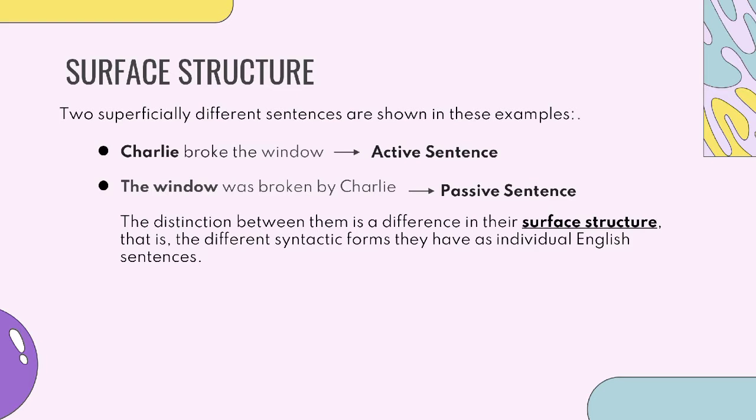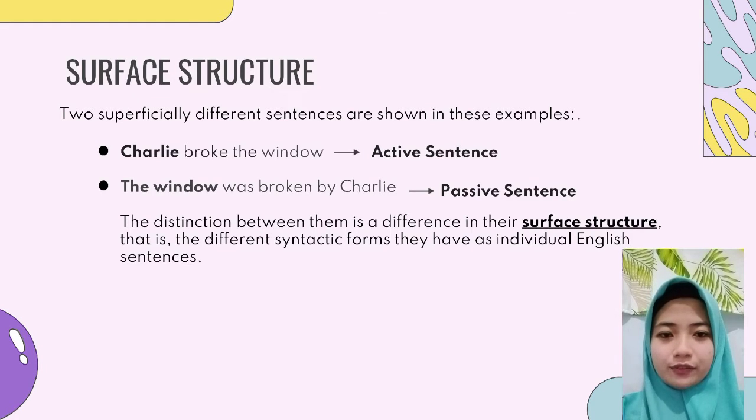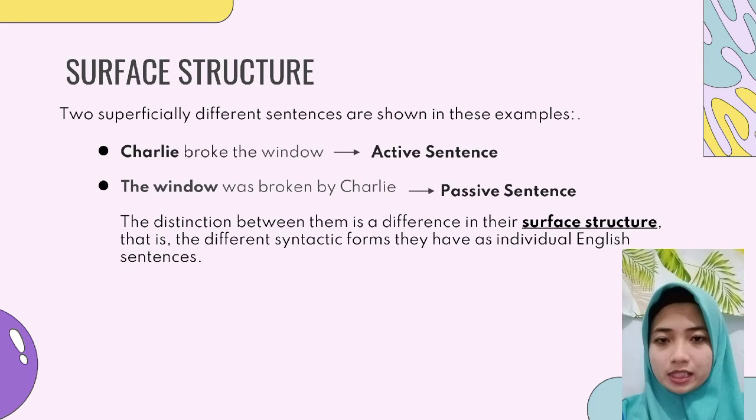The next topic is deep and surface structure. Two superficially different sentences are shown in this example. The first example is "Charlie broke the window." In traditional grammar, the first is called an active sentence, focusing on what Charlie did. And the second is "The window was broken by Charlie."